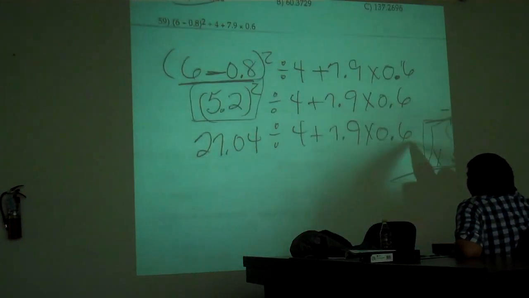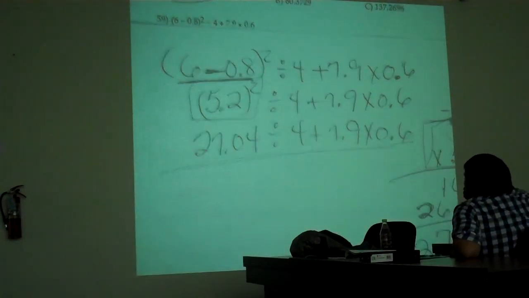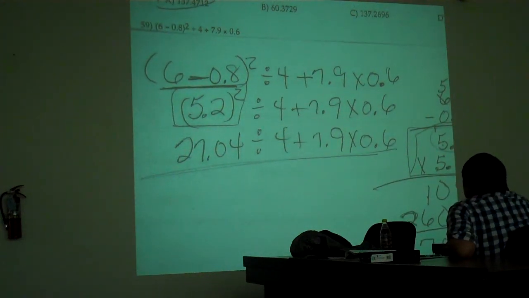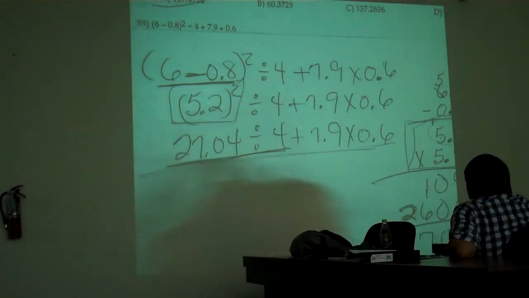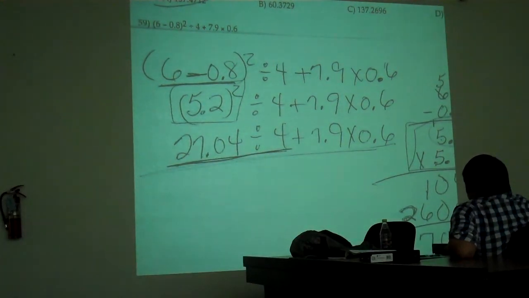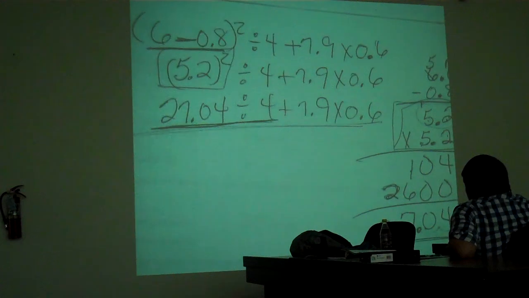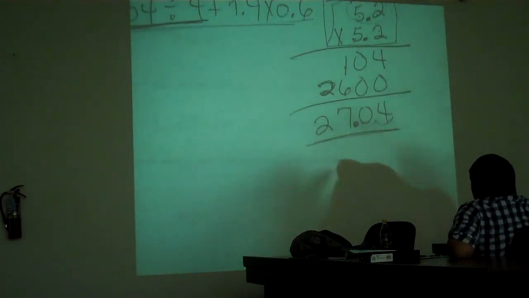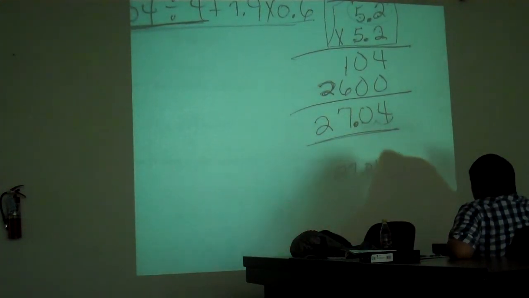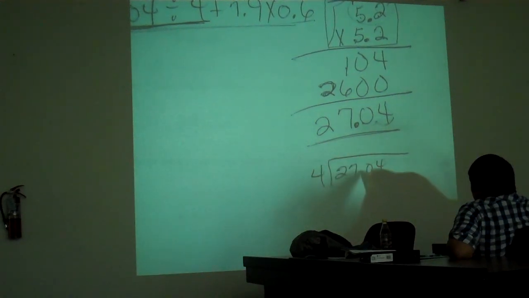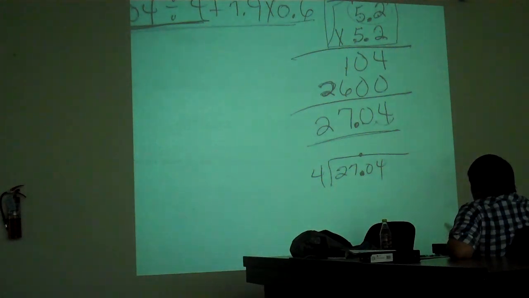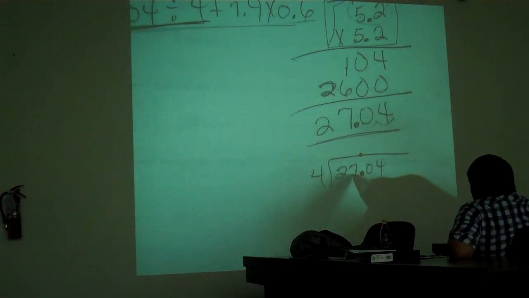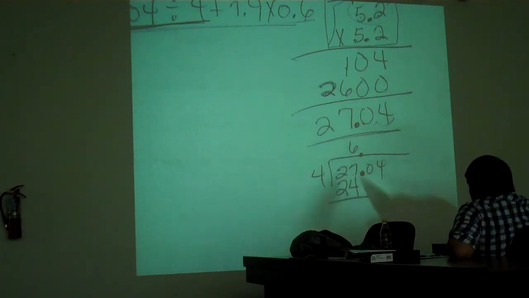Okay, now this is all we have left right there. What are we going to do next? Divide. The first multiply or divide you come to. So 27.04 divided by 4. There's no decimals on the outside. Bring your decimal up. 4 into 27. 6 times 4, 24.